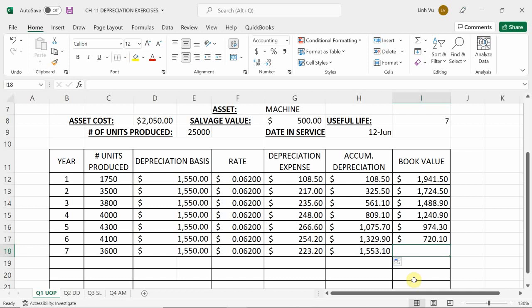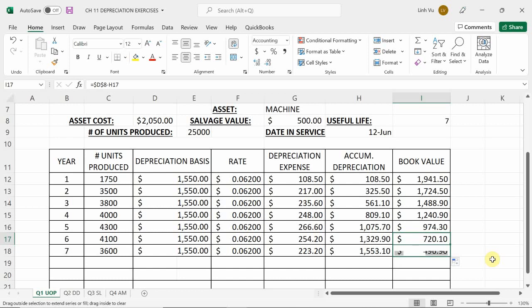Okay. 2,050.00 minus 1553.10. I got 496.9. Okay. Can that be true?